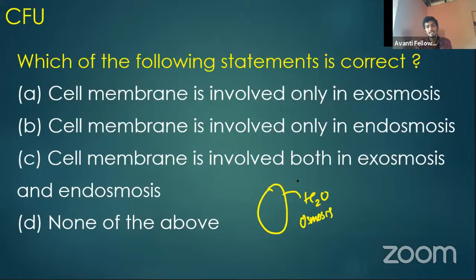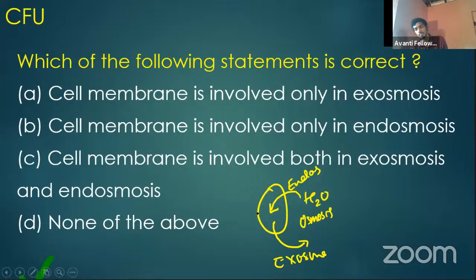That's what we call endosmosis, going inside. And when there is another change, water may move from inside to outside. We call it exosmosis. Both of them happen through the plasma membrane. So the correct answer is involved in both endosmosis and exosmosis.